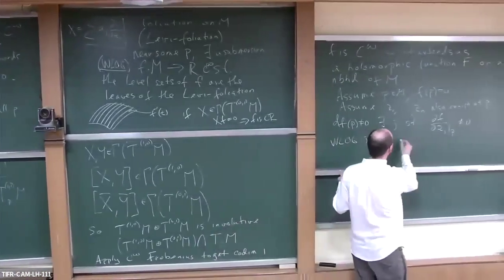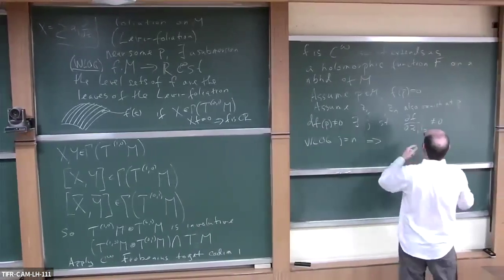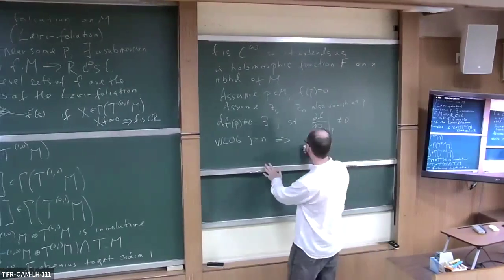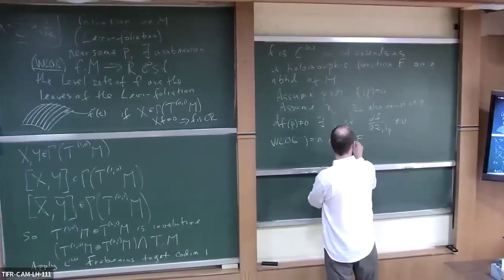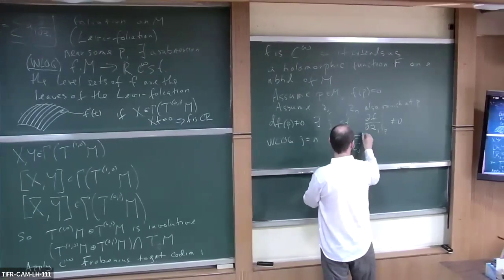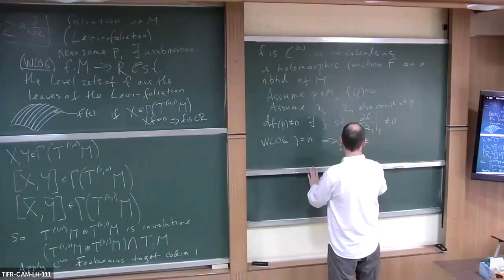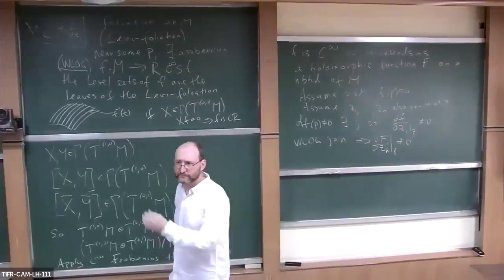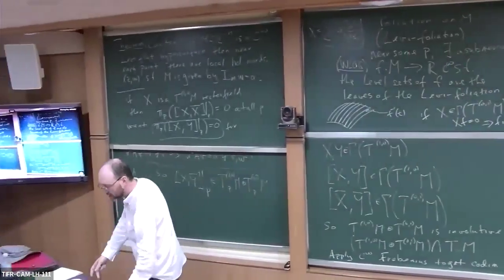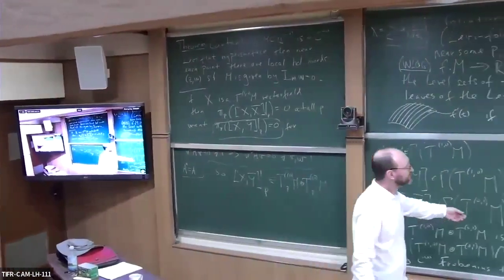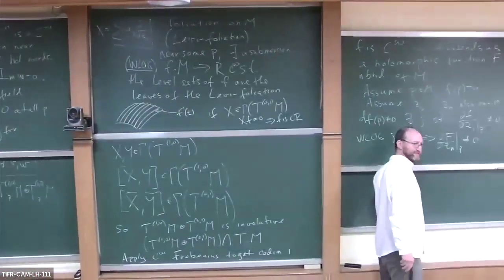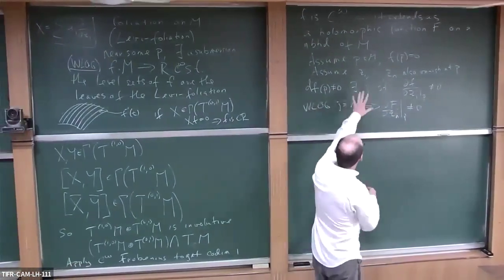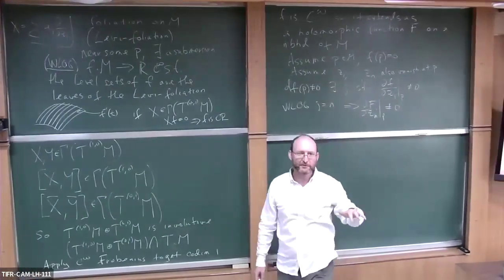And what does that mean? This is just a restriction of capital F to M, nearby. So that means that n is not there. So what I can do is change coordinates. This is basically just changing the order of the z1 through zn.